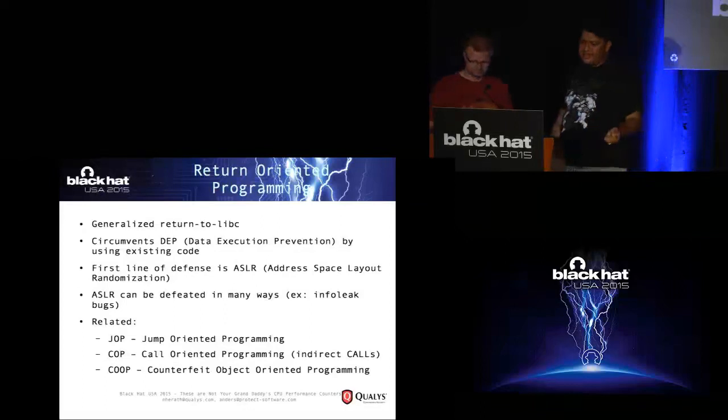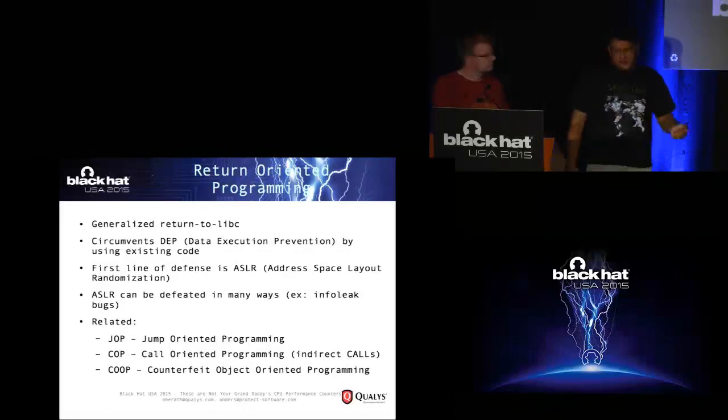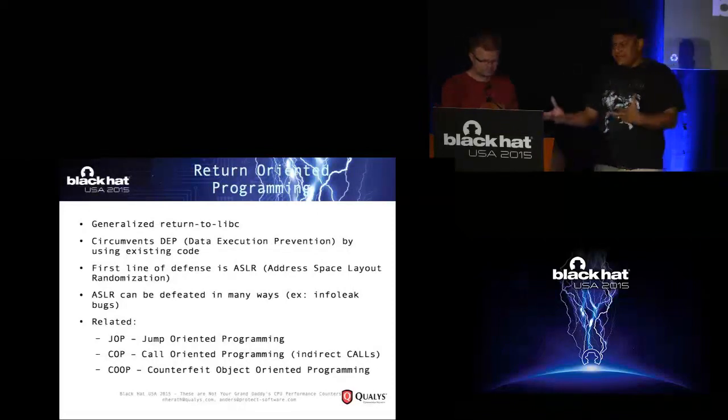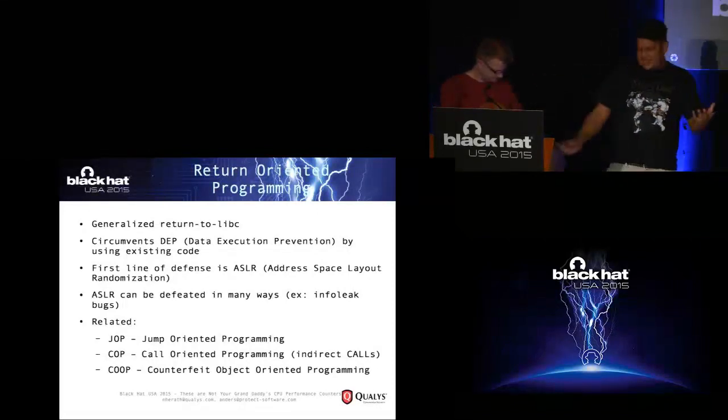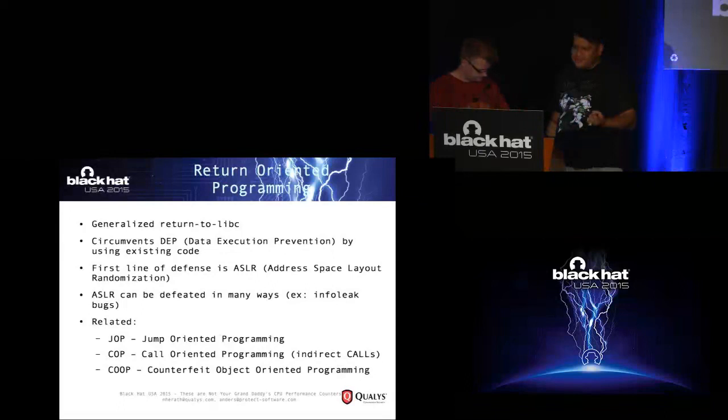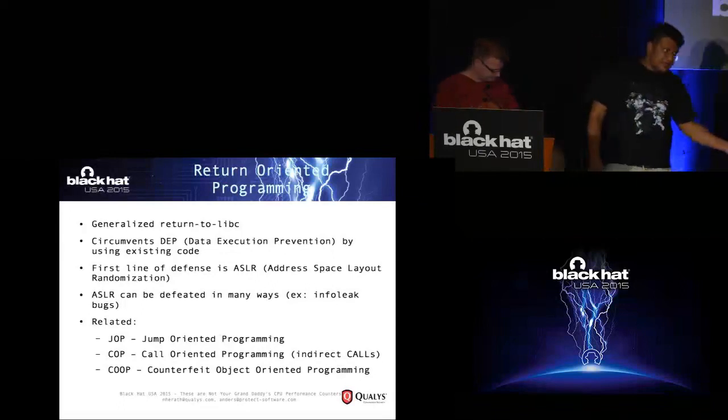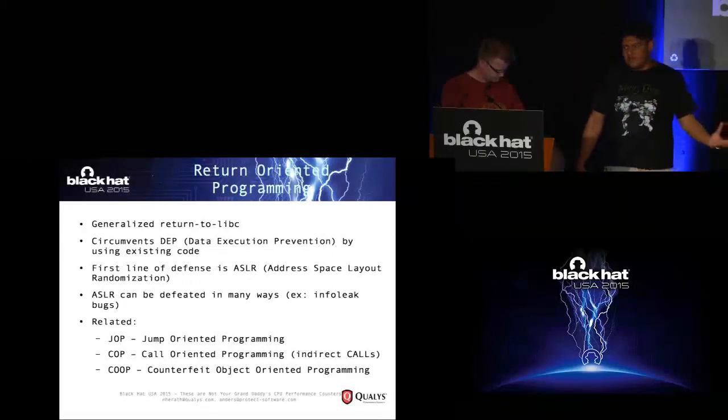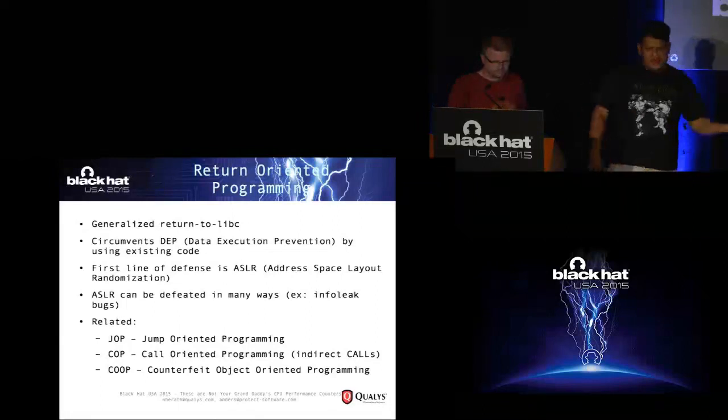What ROP does is circumvent data execution prevention, where executable code can't execute from data areas. The first line of defense against ROP is basically ASLR, where we move things around in the address space so you don't really know where to return to.